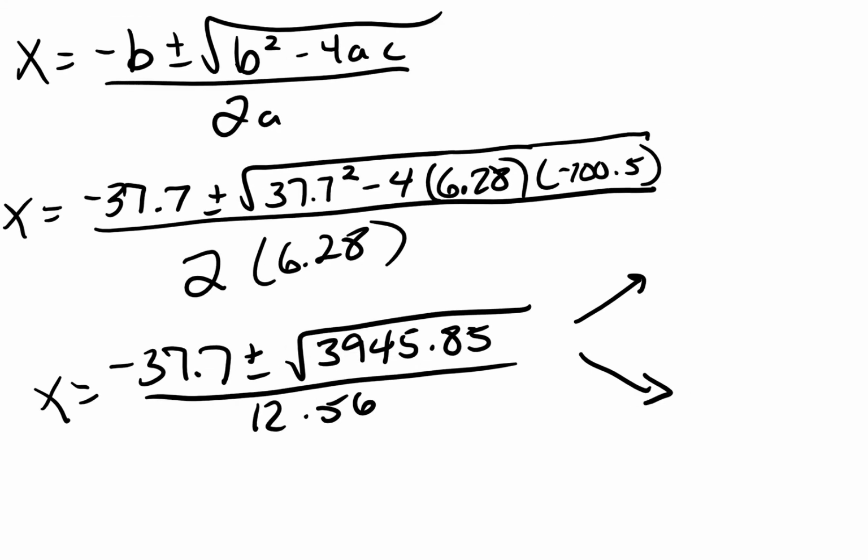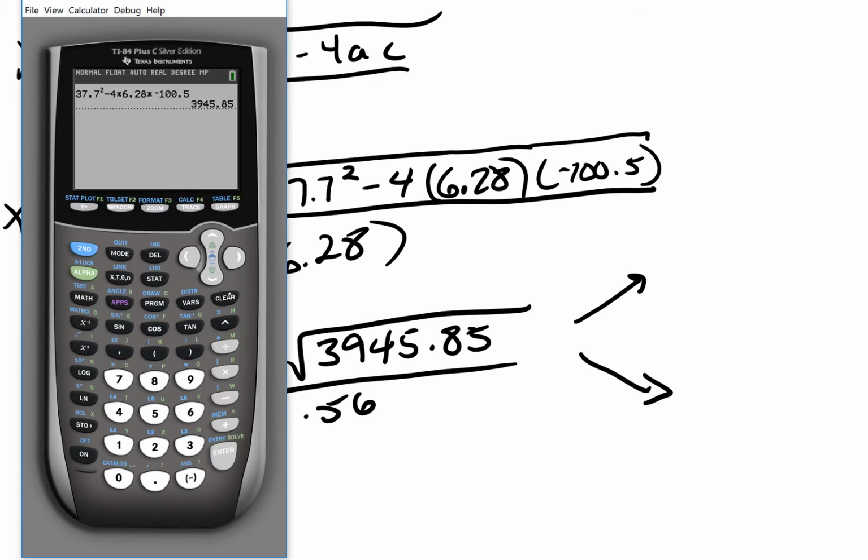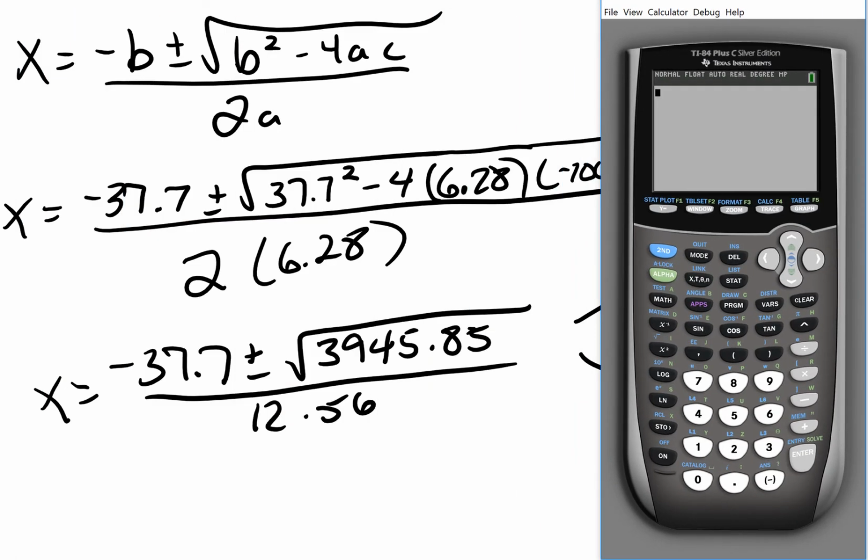So pull up our calculator here. To move it over, we got negative 37.7. We'll go plus first. The square root of 3,945.85. We'll get that answer divided by 12.56.